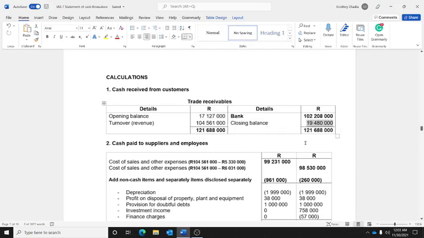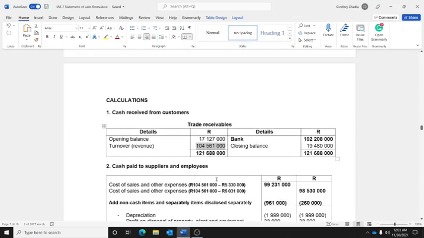So if we balance this side, that means we're getting money. If we balance this side, it means the debtors are paying, so we're getting money. If you balance this side, it means your debtors are increasing, you're not getting money.